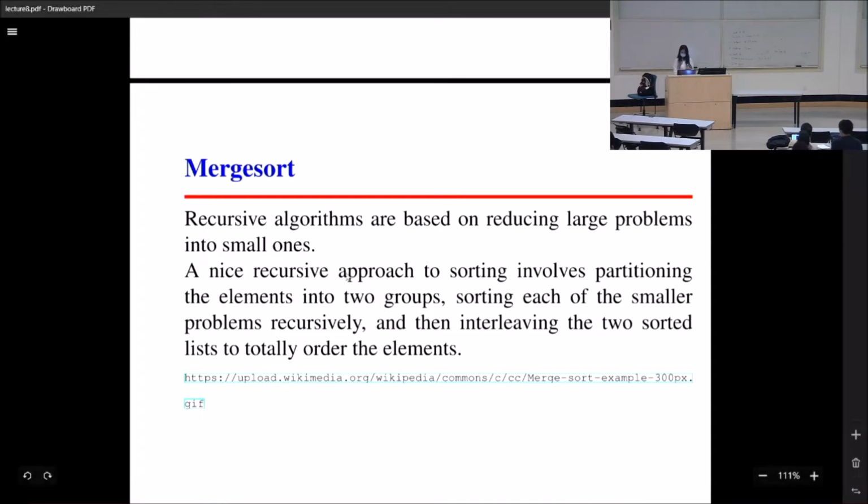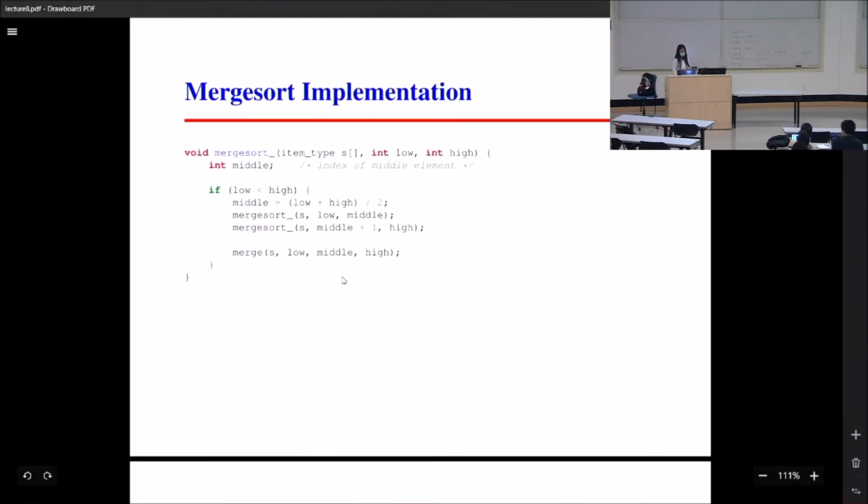Okay. So let's see, how does merge sort do the partition? First of all, you will have an array, and in the code here, it is the item type S. Then you will have the two pointers, low and high. You can just think of them as the left end and the right end. What you need to figure out first is the middle point.